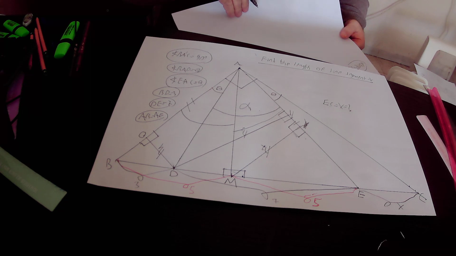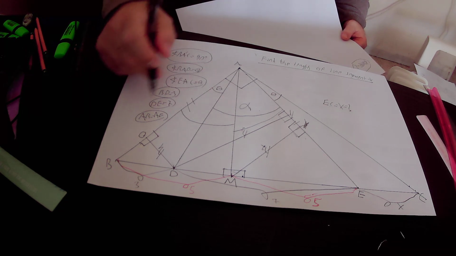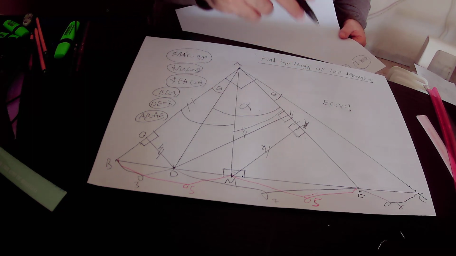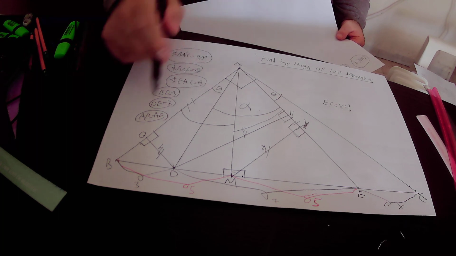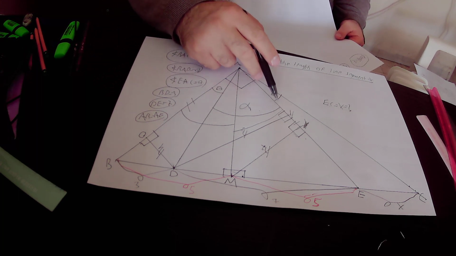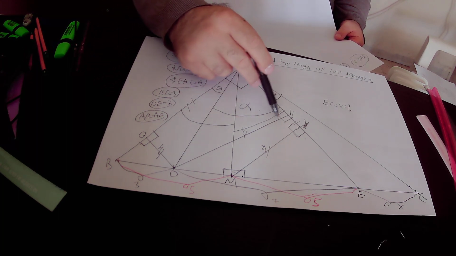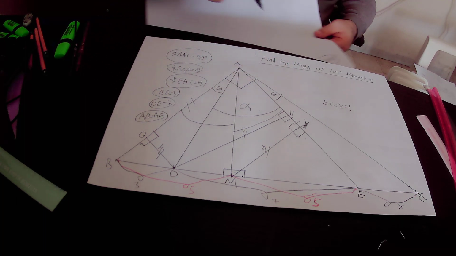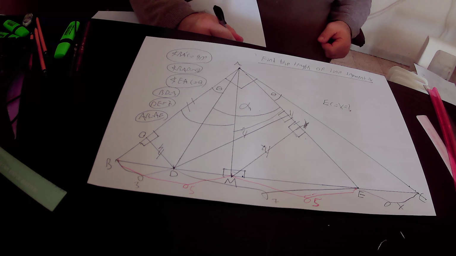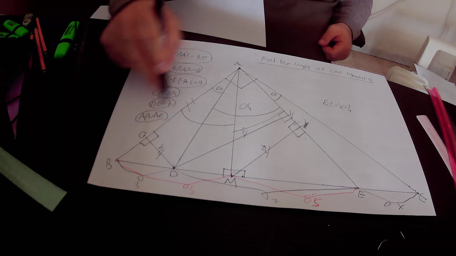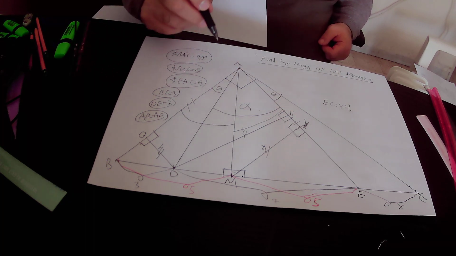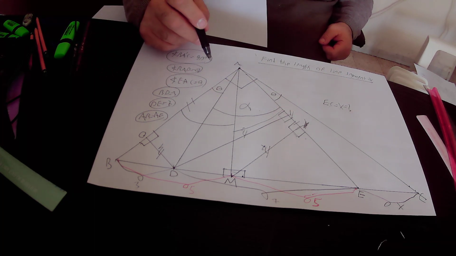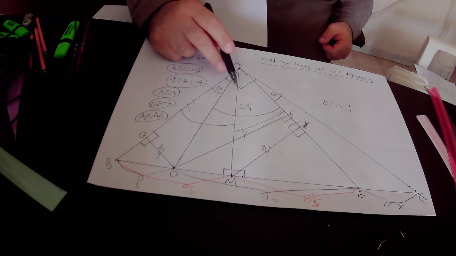And what is the value of angle BAE? The value of this big angle BAE, from the drawing you can see that the value of angle BAE is equal to theta plus alpha.